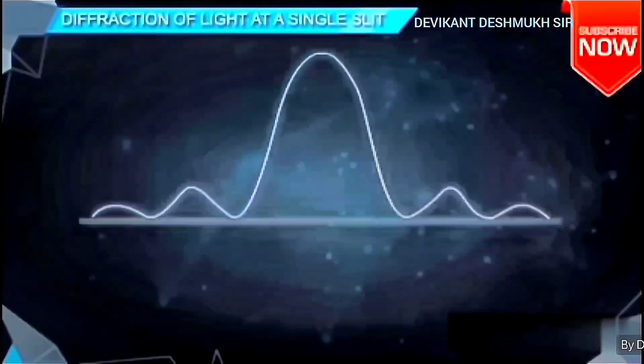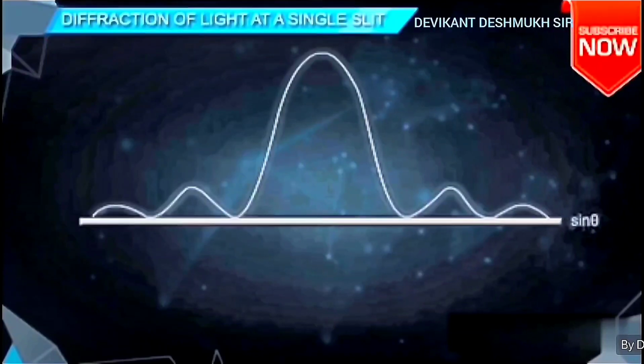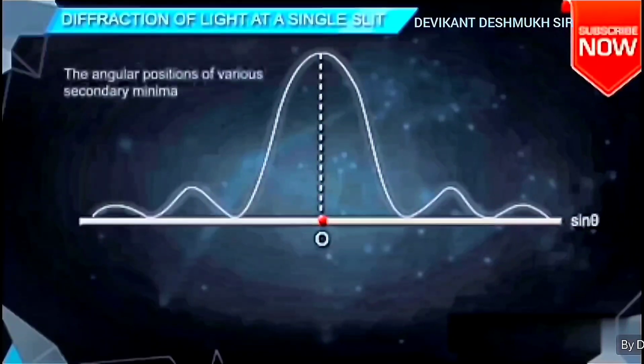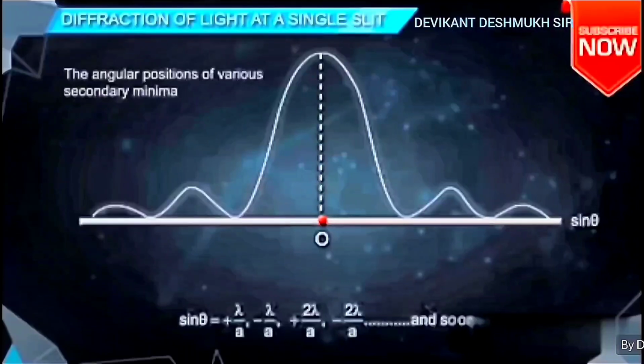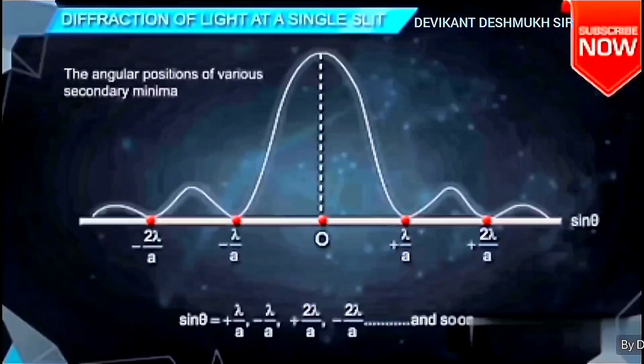Now let us discuss the intensity variation of the diffraction pattern according to the angular positions. The intensity at point O is found to be maximum and it is called central maxima. The angular positions of various secondary minima are plus lambda by a, minus lambda by a, plus 2 lambda by a, minus 2 lambda by a and so on.